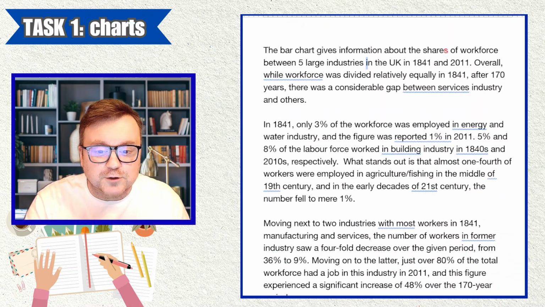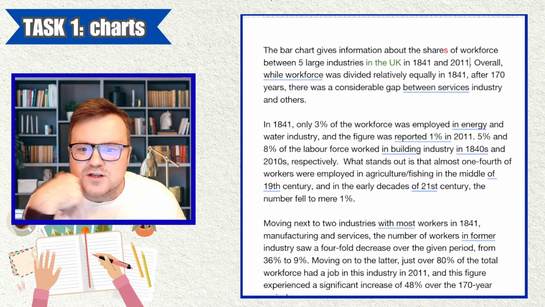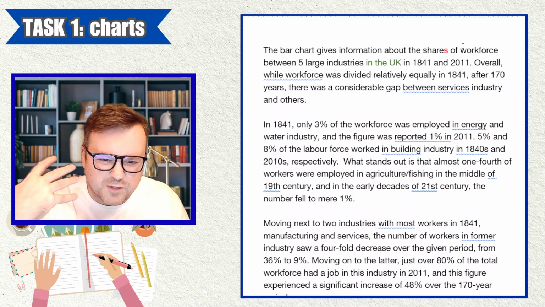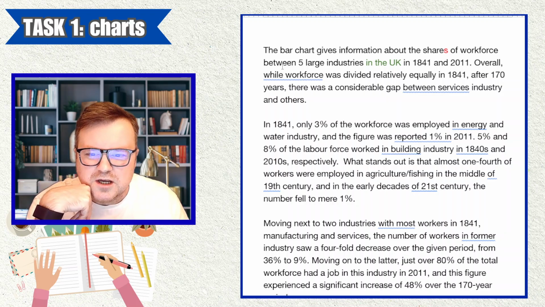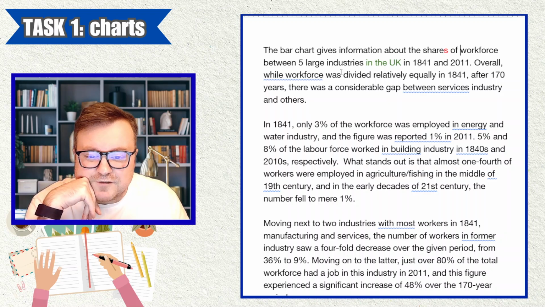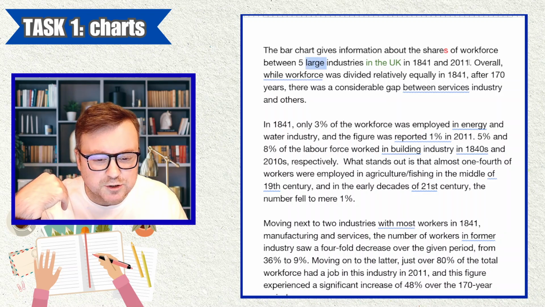Oh, no, you have, in the UK. Sorry, you did mention it. I should read to the end of the sentence. The bar chart gives information about the share of the workforce is probably better, between, okay, five large industries instead of major industries. Fine. In the UK in 1841 and 2011.